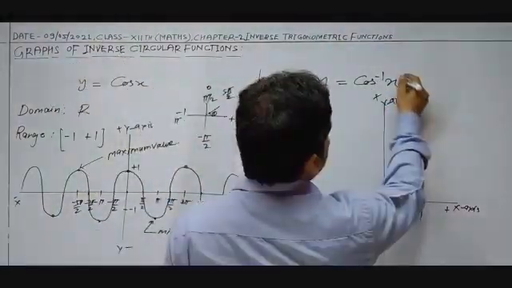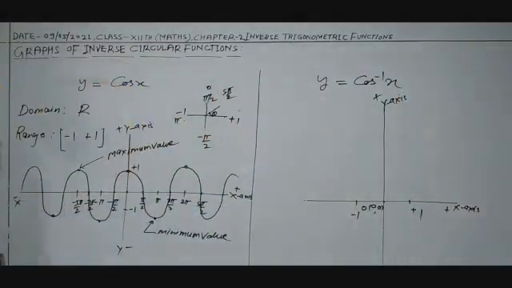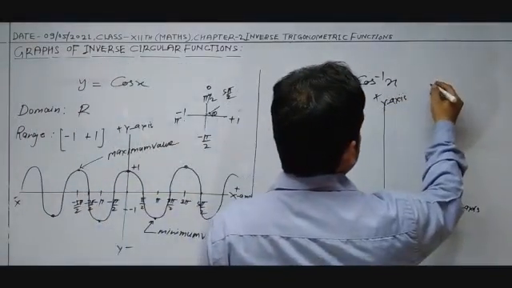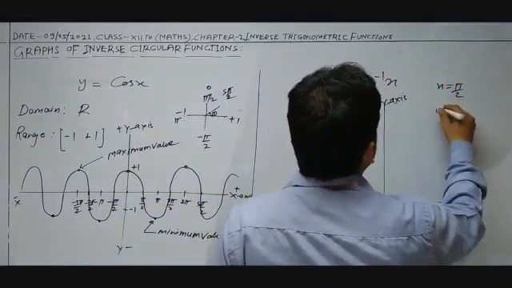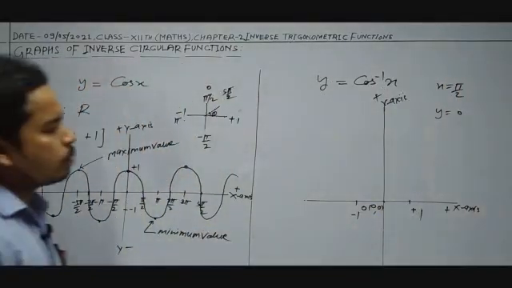When you will put x is equal to pi by 2, then you will get result 0. In case y, you will get 0. So this is the point.